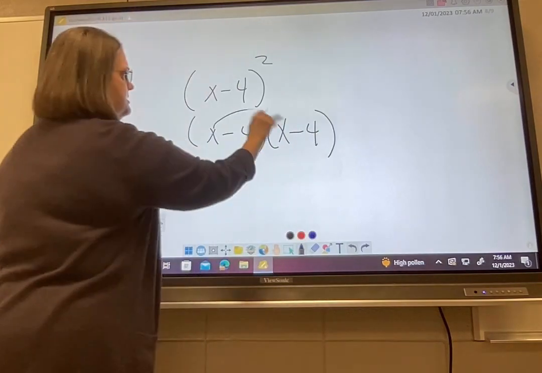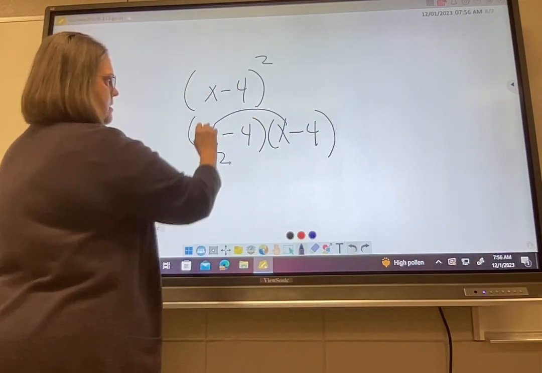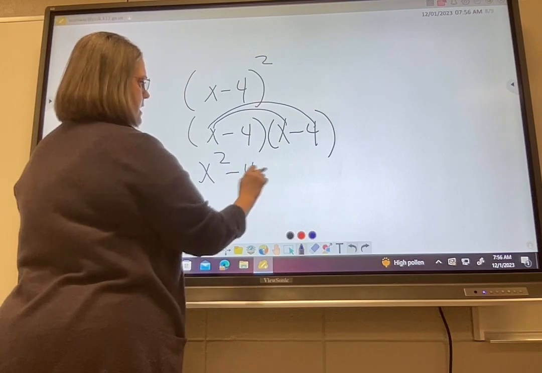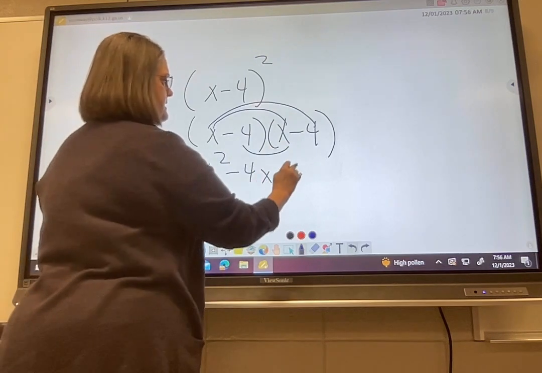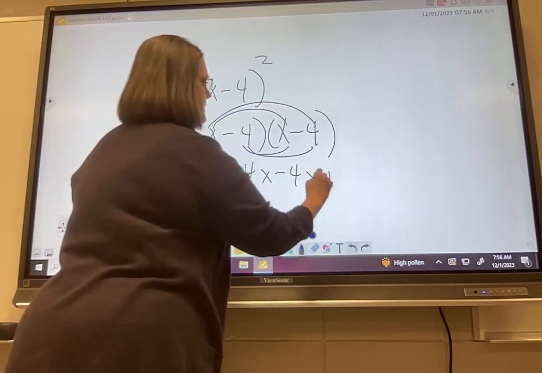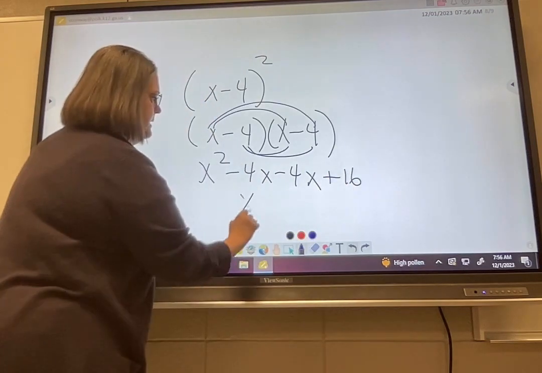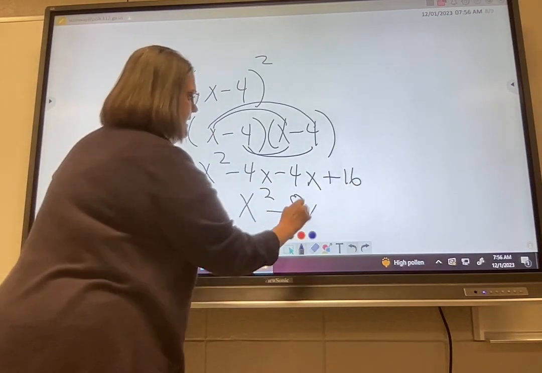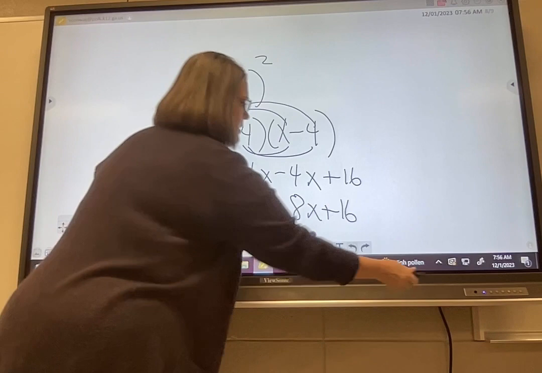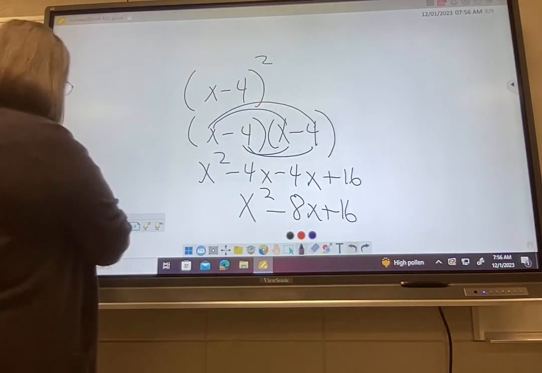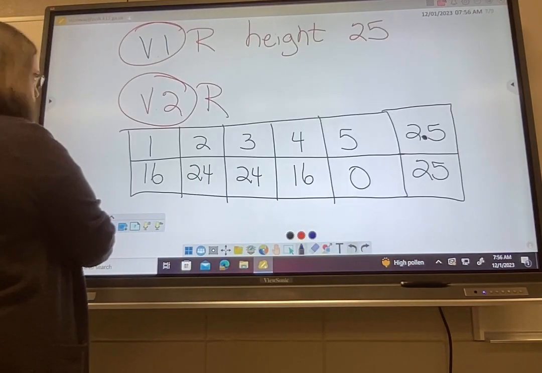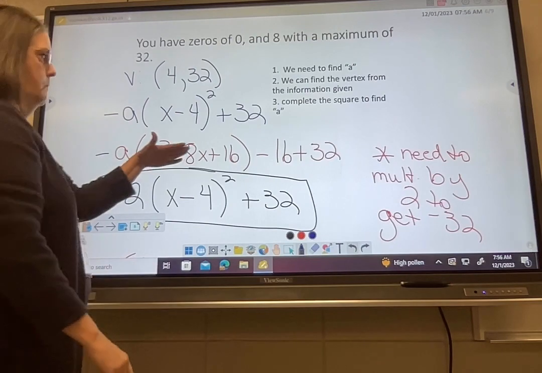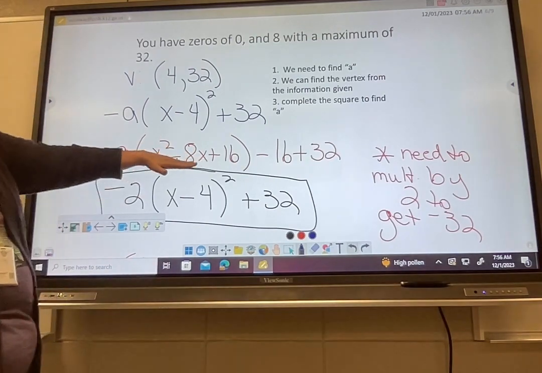When you multiply that, you get x squared minus 4x minus 4x plus 16. So that gives me x squared minus 8x plus 16, which leads me to the next step in what I had shown you.